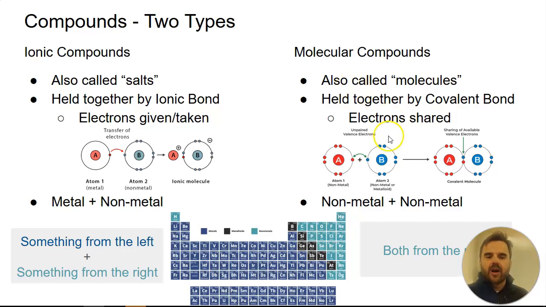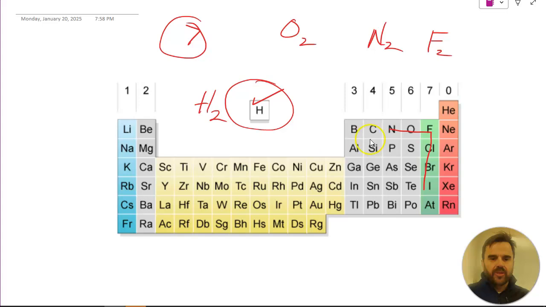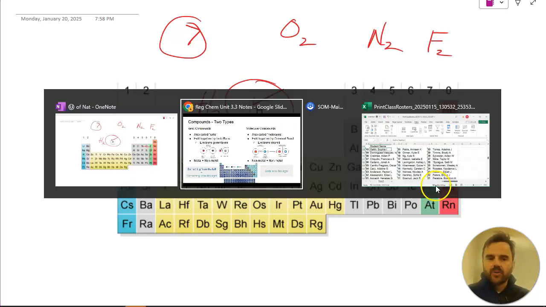Okay, and then molecular compounds, instead of transferring, you have a non-metal and a non-metal, and what they decide to do is share electrons rather than transfer. Okay, so you essentially have a deal here where this might be two fluorine atoms or something like that. It doesn't really matter what they are, but it could be two atoms from this last halogens group.